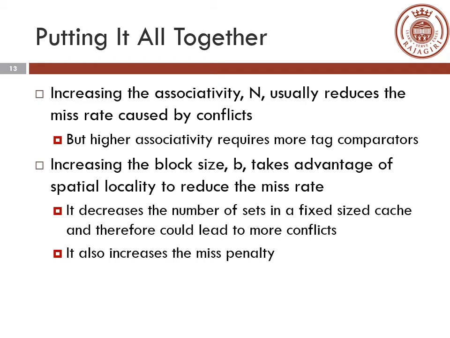If you are using a larger block size and taking advantage of spatial locality, it will definitely reduce the miss rate. But if you are not getting that spatial locality advantage, that will lead to more conflicts as well as increase the miss penalty. And we will see the definition for miss penalty.